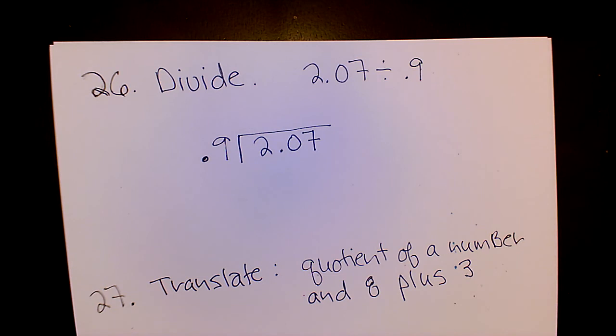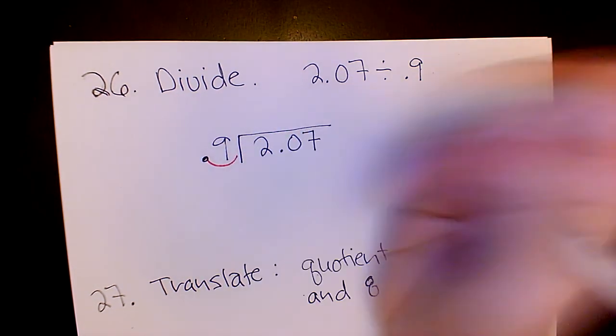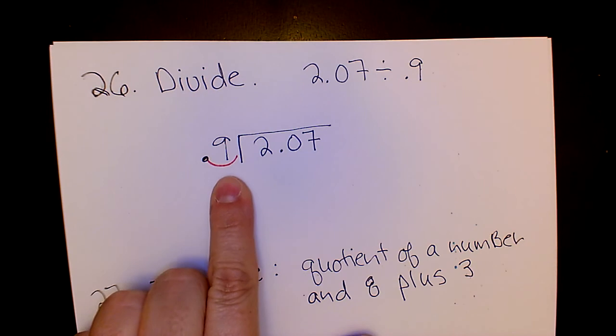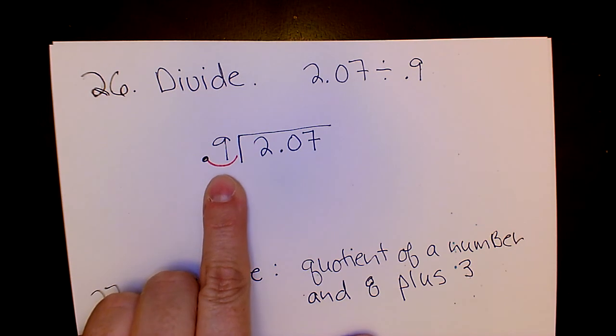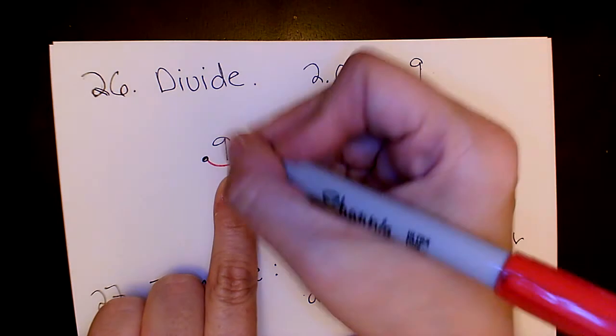That's 0.9, and I need to make it a whole number, so I can do that by just moving the point over 1 here, and now that's a 9 if I move the point over here.